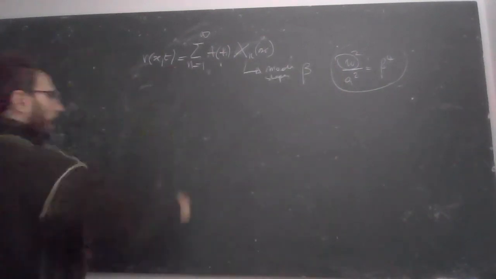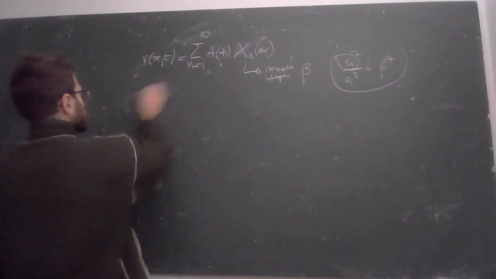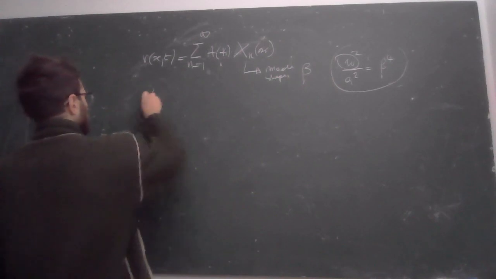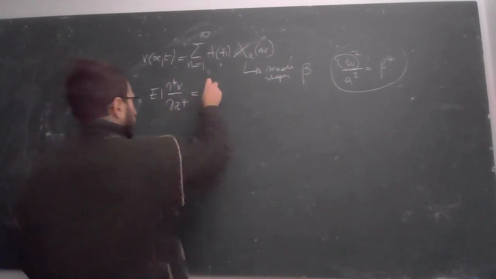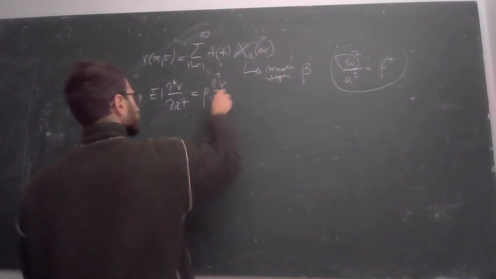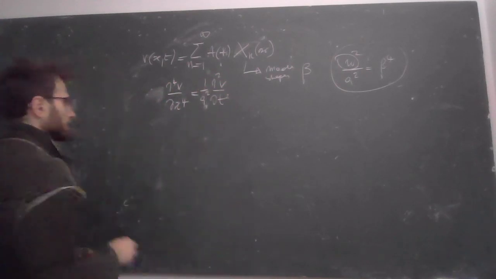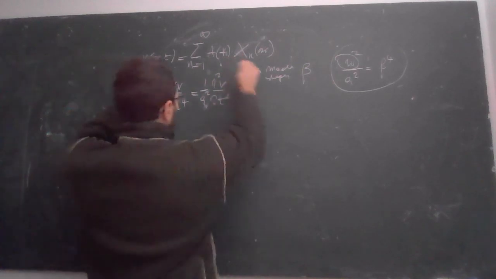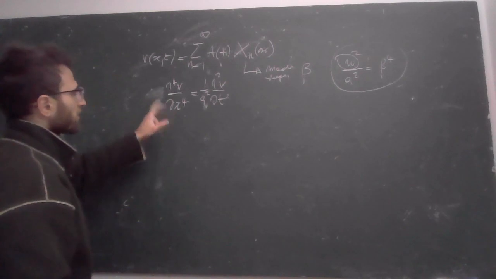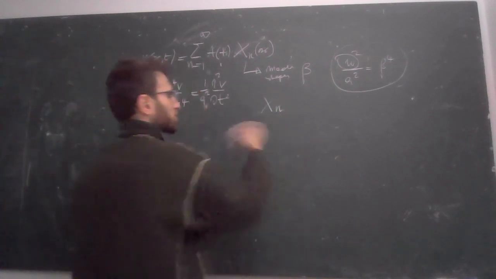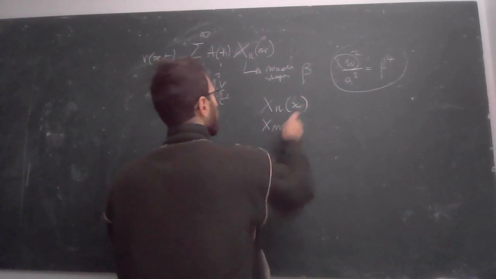Let us rewrite the equilibrium equation of the beam, which reads like this. We know that the solution can be written like this, so we plug into the equation first a mode shape, which we call X_n of x, and then another mode shape, X_m of x.